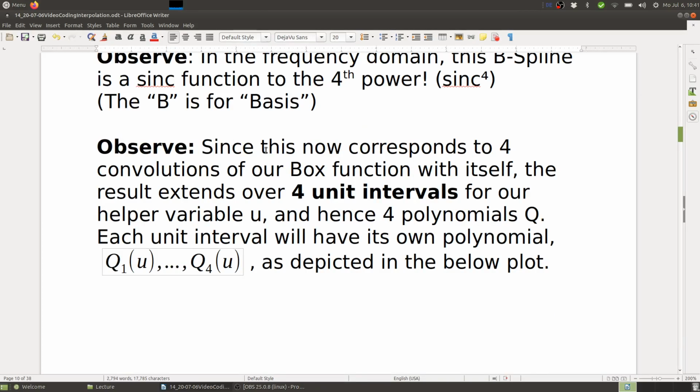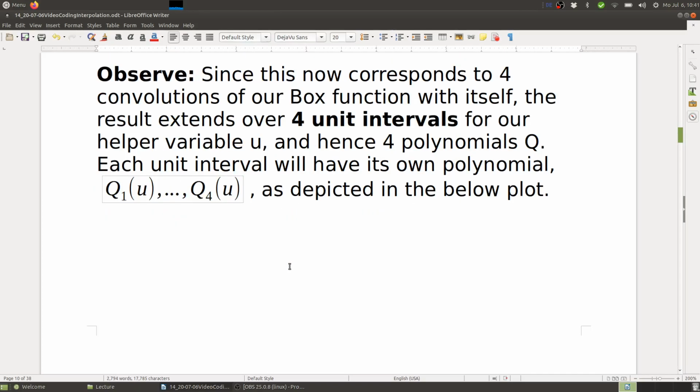Since this corresponds to 4 convolutions of our box function with itself, the result extends over 4 unit intervals for our helper variable u, and hence we get 4 polynomials. Each unit interval will have its own polynomial q1 to q4, as depicted in this plot.